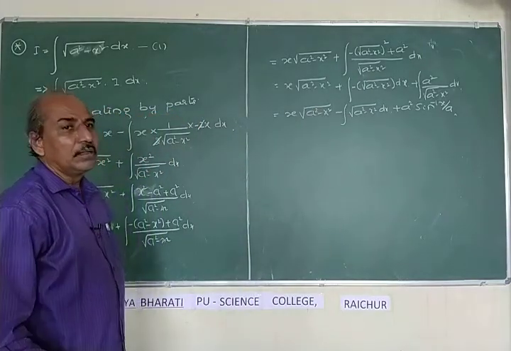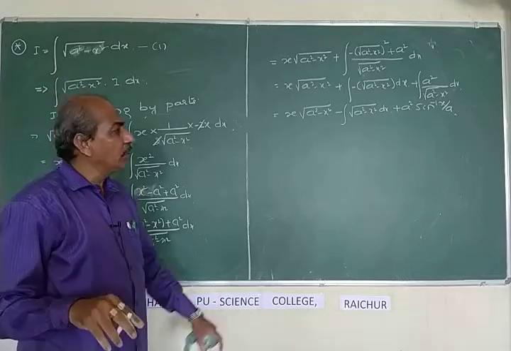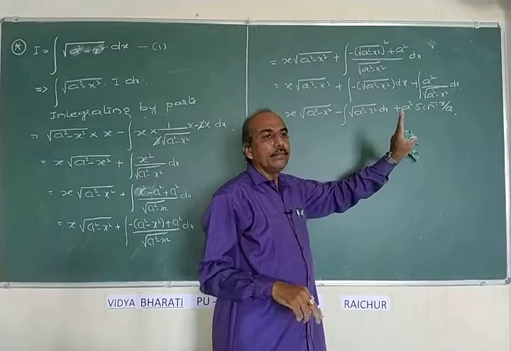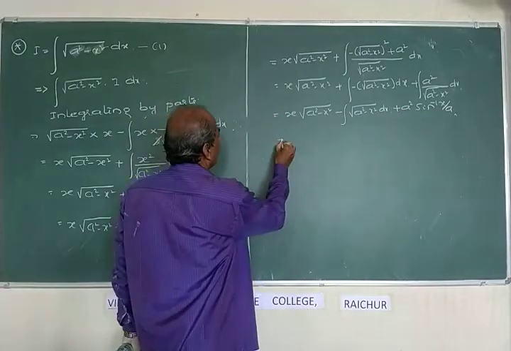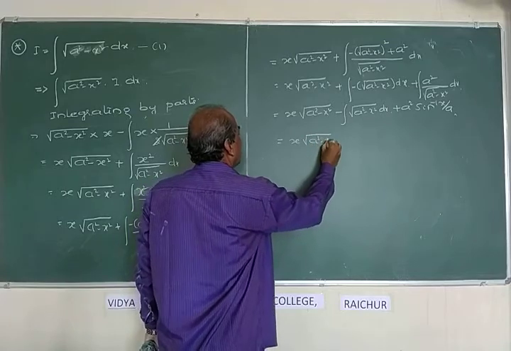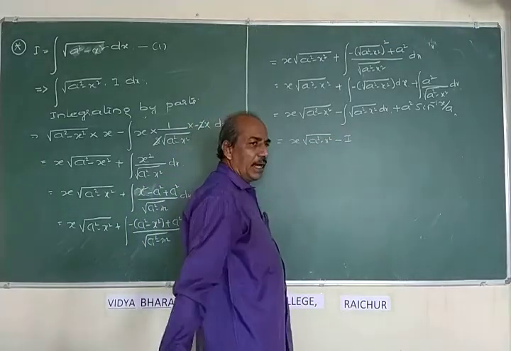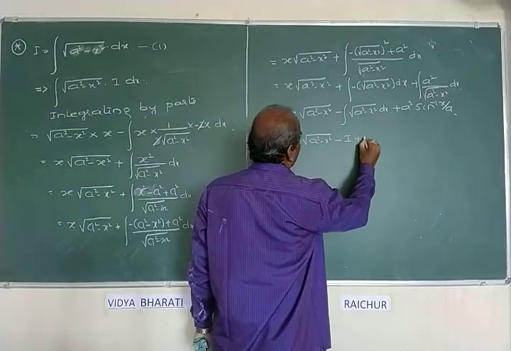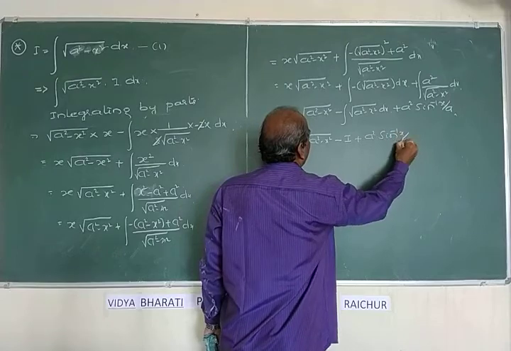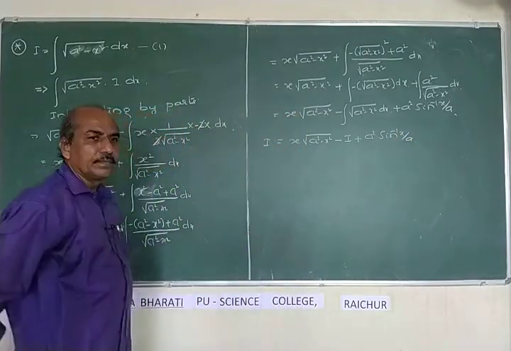There is a formula, integration of dx by root of a square minus x square is sin inverse x by a. Okay. Therefore, it is x into root of a square minus x square minus this is replaced by I plus a square into sine inverse of x by a. On the left hand side you have I.